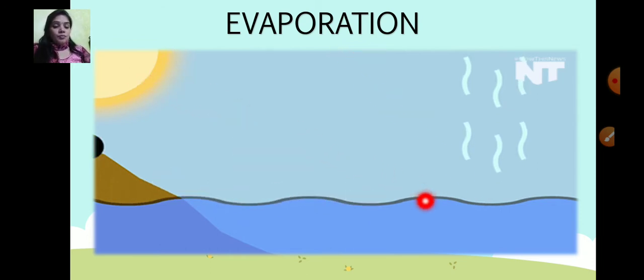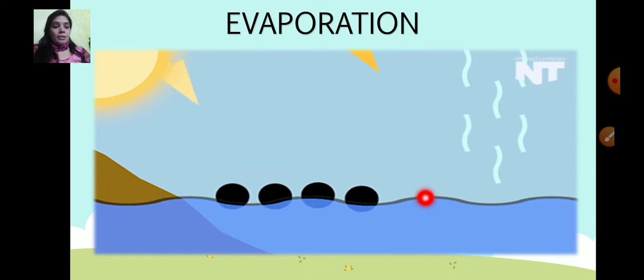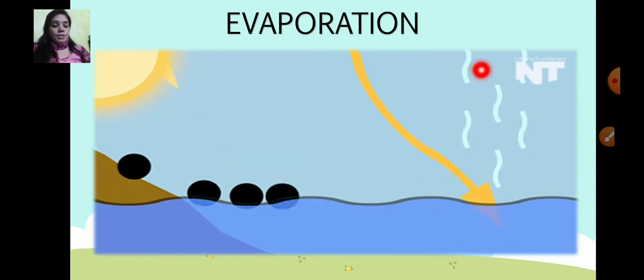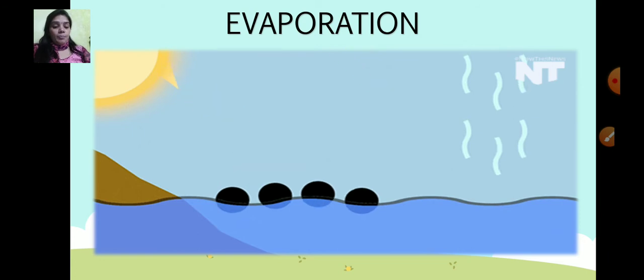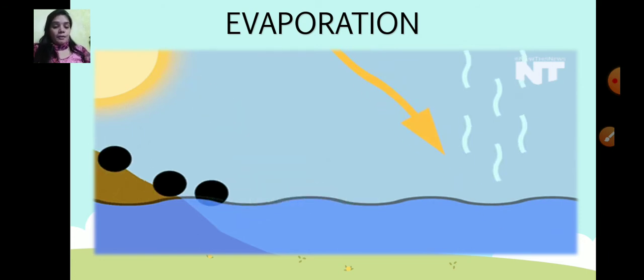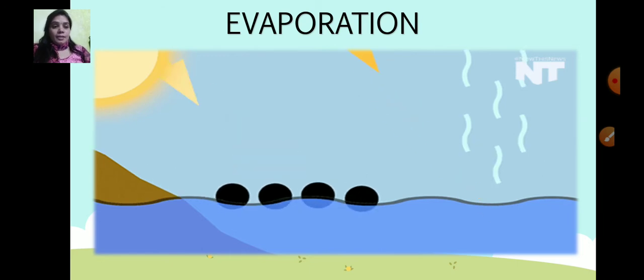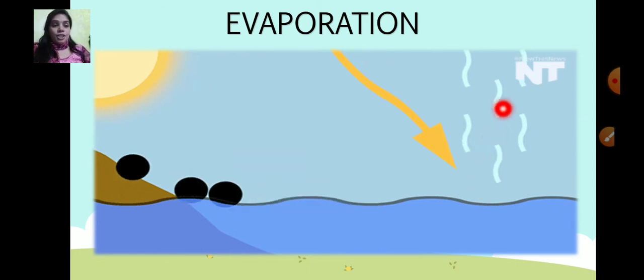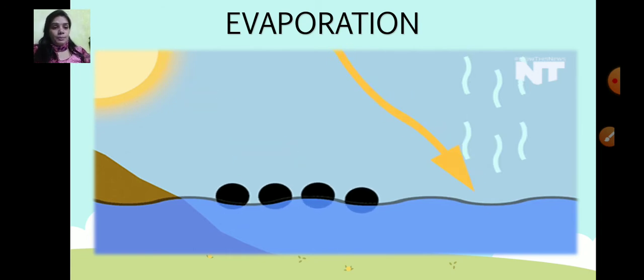The water gets evaporated. This process is called evaporation, and the water is changed into water vapor.